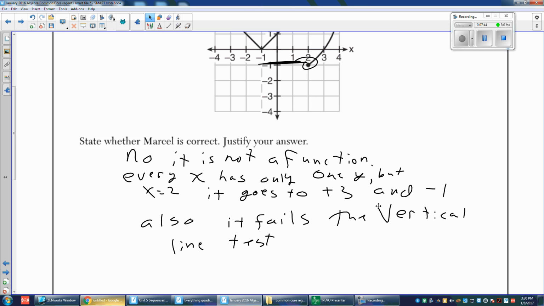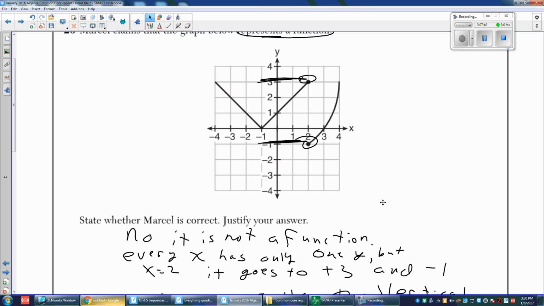As a reminder, for the vertical line test, you take your ruler and you run it along the graph vertically. And if it touches the graph in two places at the same time, it fails.